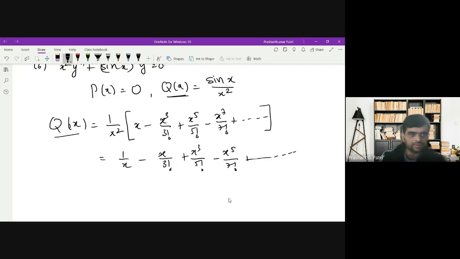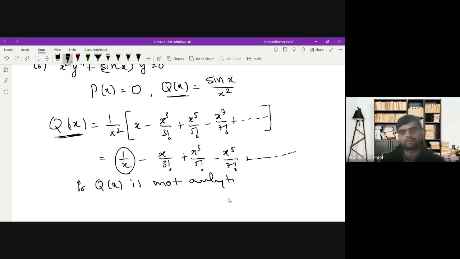Since this expansion of q of x contains a negative power of x, that is 1 upon x, which is x raised to minus 1, I can say that q of x is not analytic at x equal to 0. Therefore x equal to 0 is a singular point.